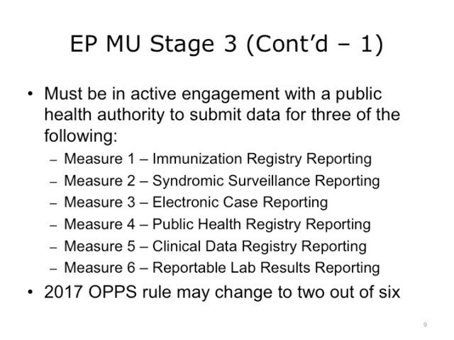The measures are Measure 1, Immunization Registry Reporting; Measure 2, Syndromic Surveillance Reporting; Measure 3, Electronic Case Reporting; Measure 4, Public Health Registry Reporting; Measure 5, Clinical Data Registry Reporting; and Measure 6, Reportable Lab Results Reporting. Note that eligible hospital and eligible provider requirements are very similar, except that reportable lab results reporting is only applicable for hospitals.